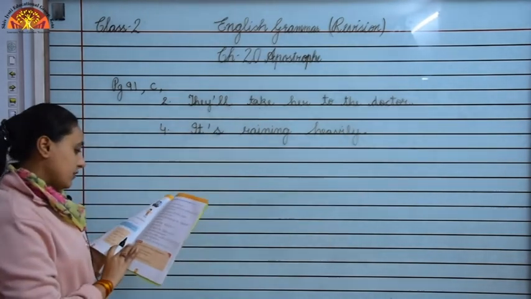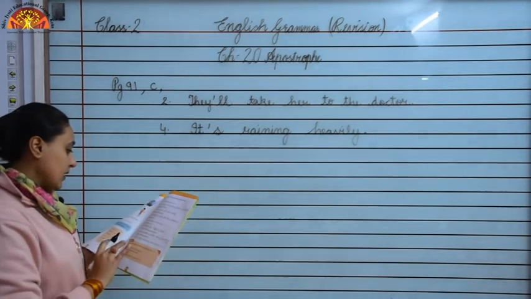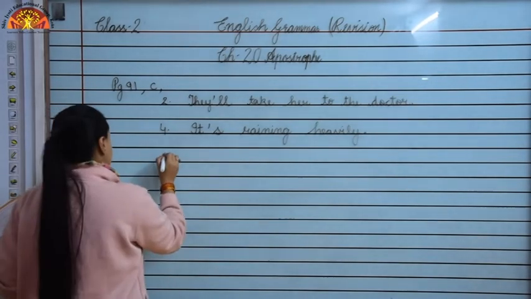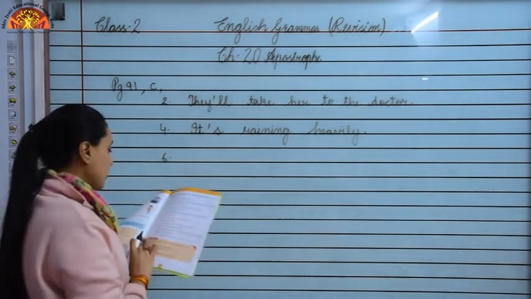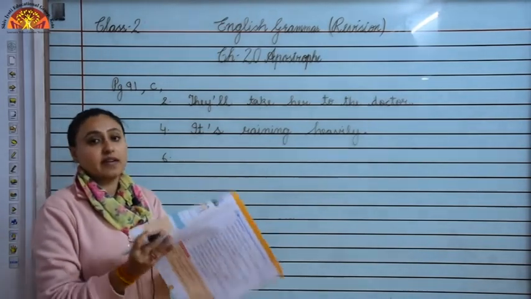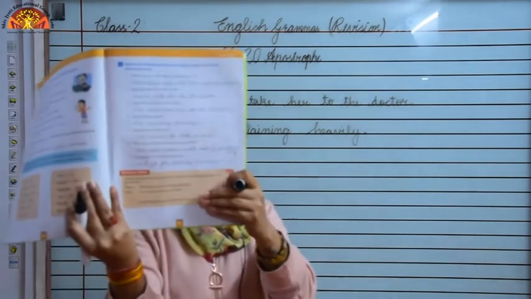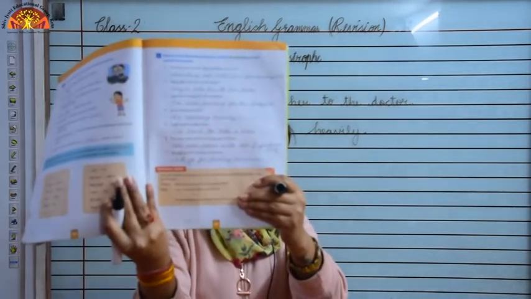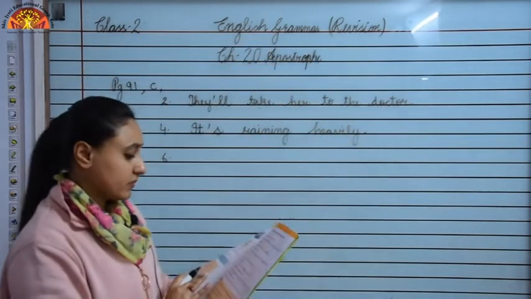Now children, look at number 6. You can come with me if you are not busy. The underlined words are you are, okay? Look over here, okay?